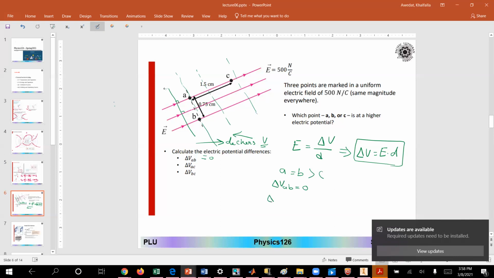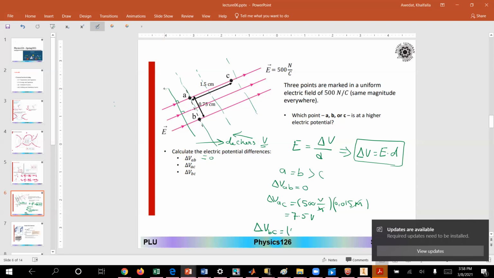Now I need to find the voltage difference between A and C. Here is A, here is C. What I'm interested in is just the distance. So I have E, 500 volt per meter, times D, 0.015 meters. So I end up with 7.5 volt. Regarding delta V BC, the same concept.